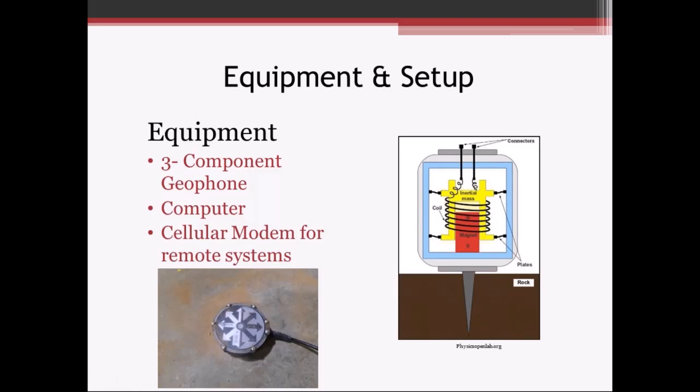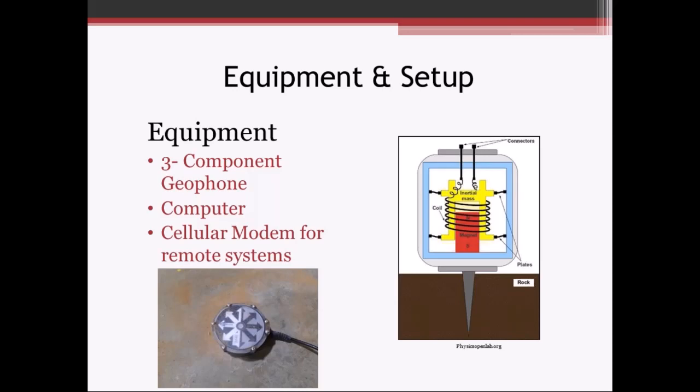In some of the setups, we're starting to do a lot more remote monitoring these days, where the seismograph is also hooked up to a cellular modem and transmits the data once or twice a day, maybe at the end of the day.